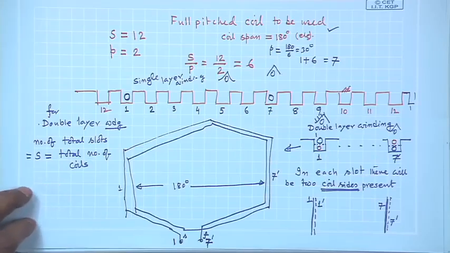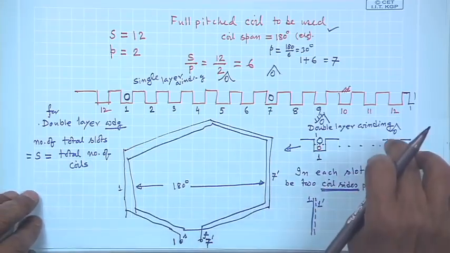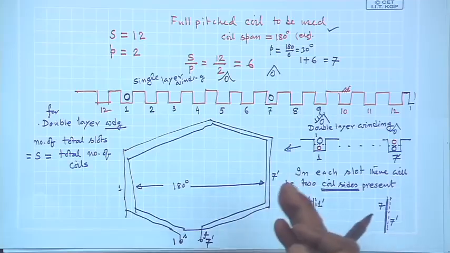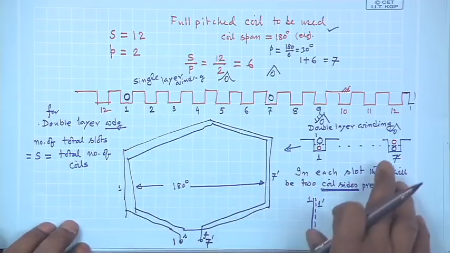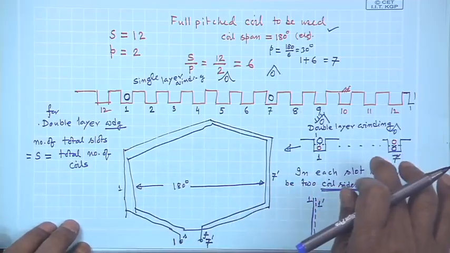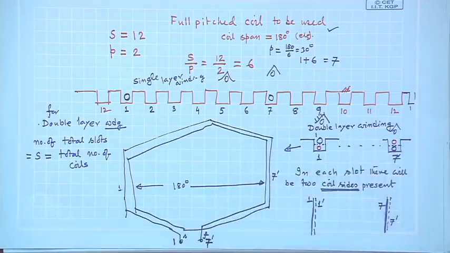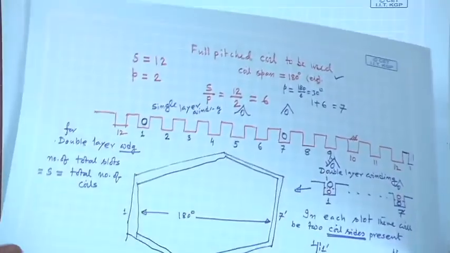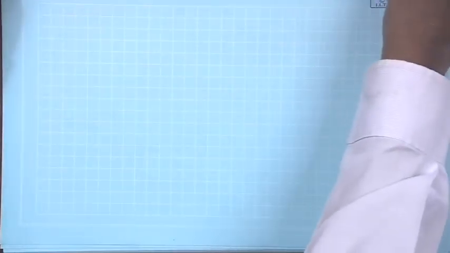Therefore, the coil side occupying the upper deck, I will call by the number of the slot. The coil side on the lower deck, I will call by the same slot number, but with a prime attached to it, so that I do not make any mistake. Okay. If that be the case, then we can proceed further.